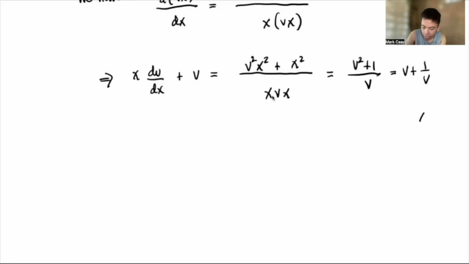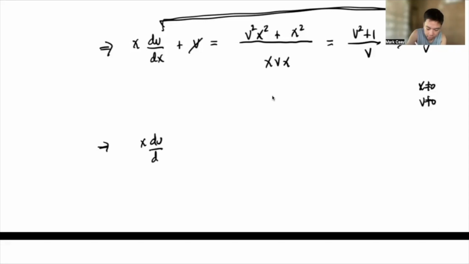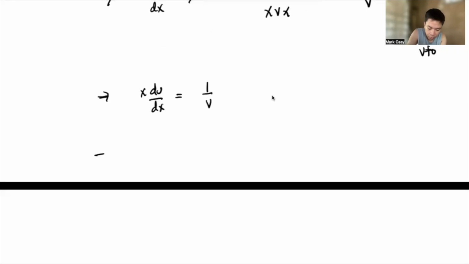And take note, x is non-zero, so v is also non-zero. So we may equate this one here. So canceling v from both sides, I'd get x dv/dx equal to 1 over v. And then I can regroup them.